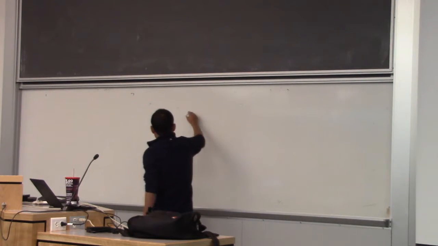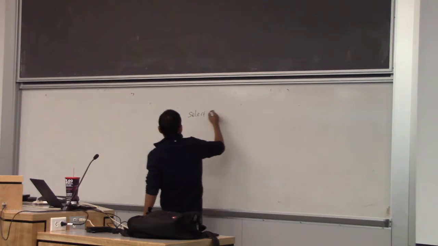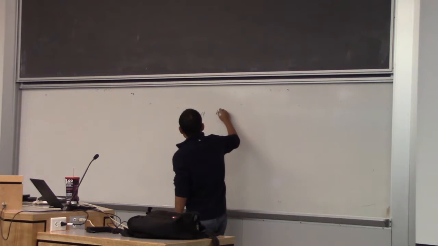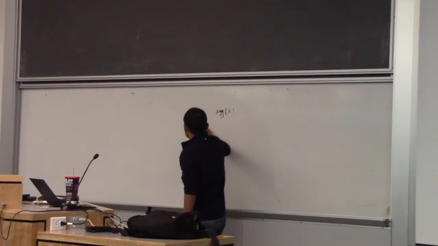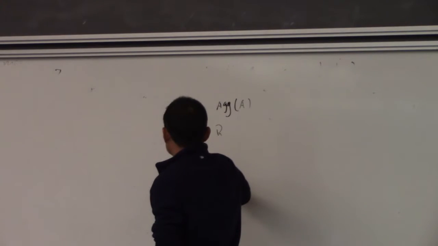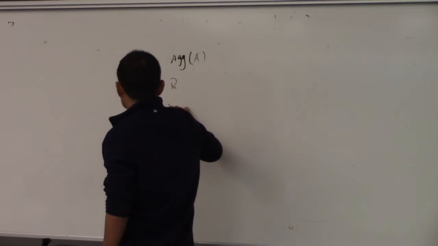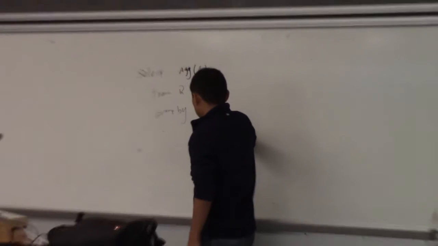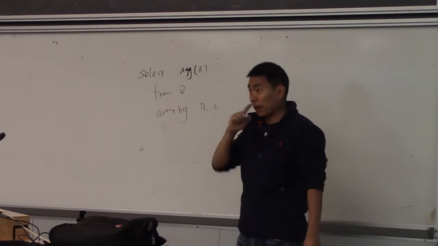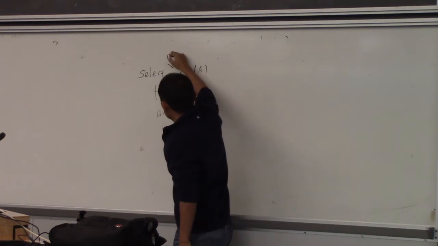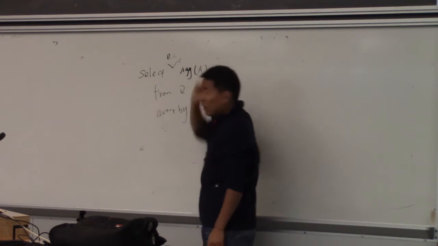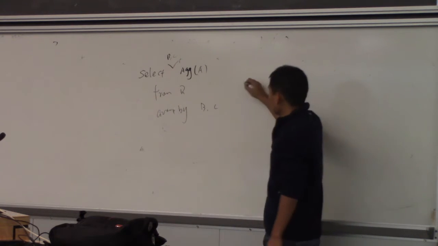Okay. And what you do is, once you have done the sorting, so I'm talking about the implementation of this. I select some aggregate or some attribute A from the relation R, and I group by B and C. And potentially I may output B and C as well. So how do I implement this?